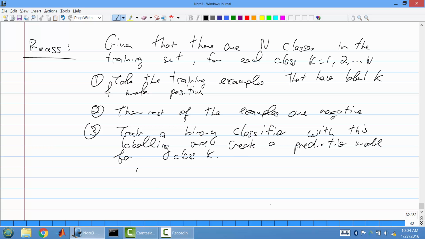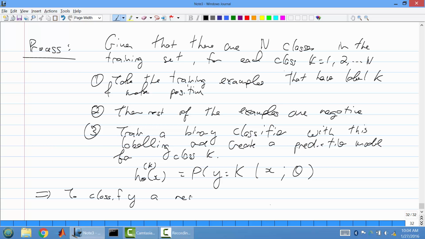So we have the hypothesis for class k, which is the probability that the output class is k given the input and parameters.